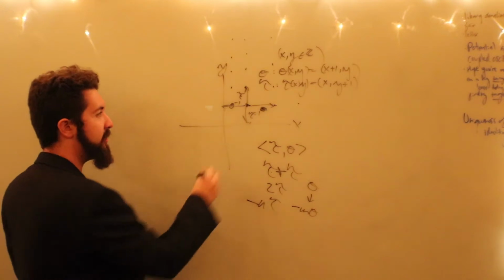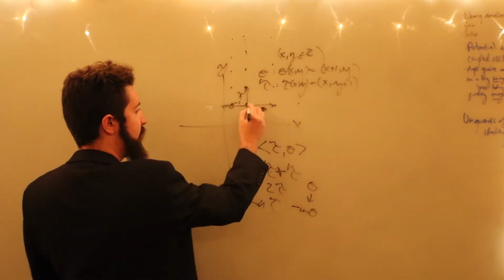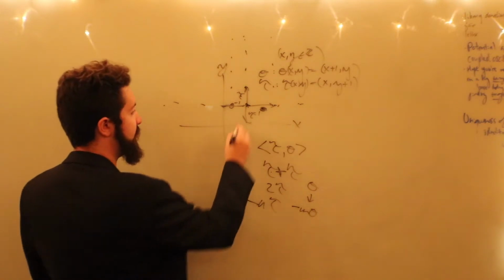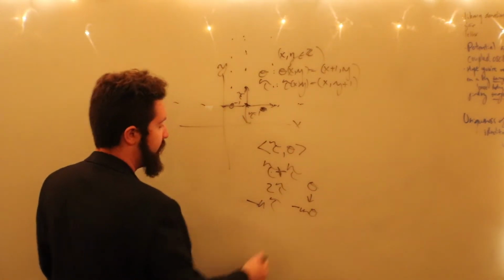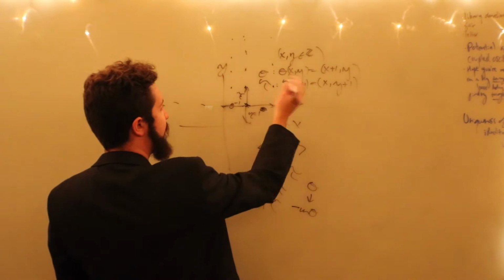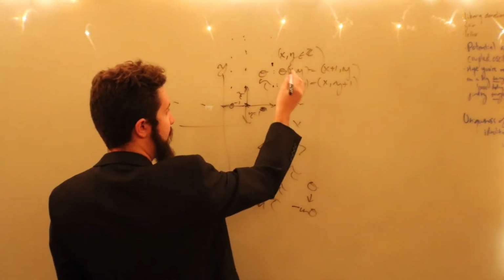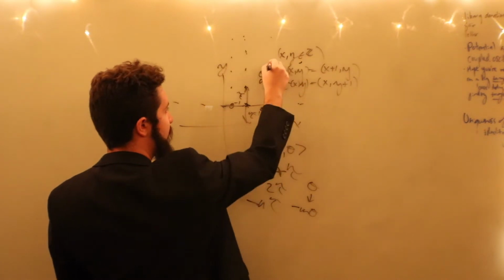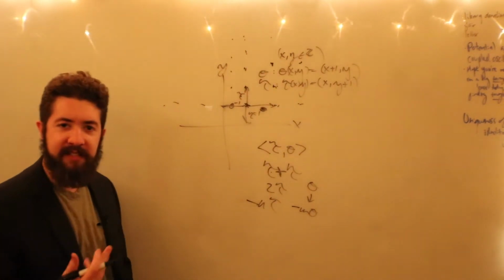And then we can start thinking about, instead of just going in one direction some number of times, combinations of the two. So we can think about taking tau, then sigma, then tau again, then sigma again, then sigma inverse, then tau inverse, then tau, then sigma inverse, and so on.